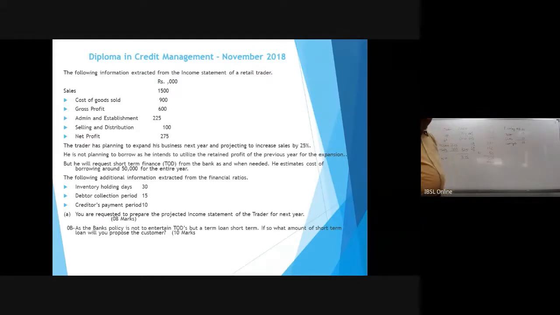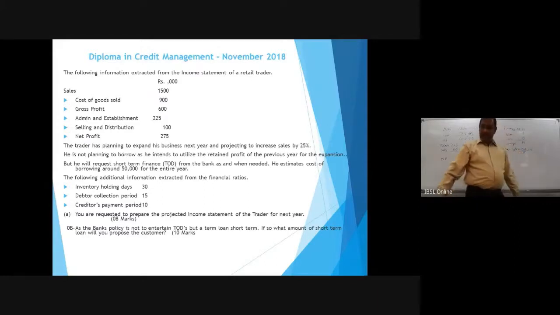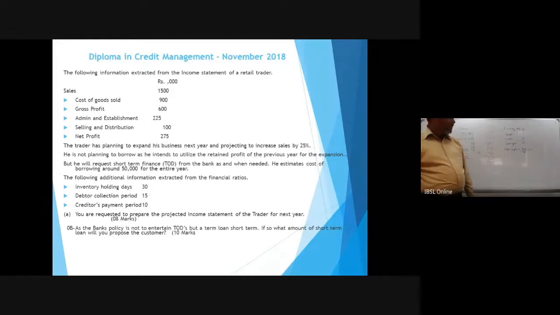Okay. Then what is the cash cycle turnover? That is 365 days divided by 35. That is 10.4 times.